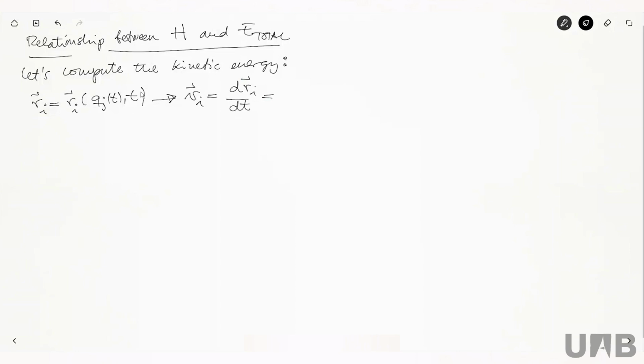And given this dependence, this is the sum from j equals 1 up to n of the derivative of each position vector with respect to q_j times q dot j. That's the chain rule. And if there is explicit time dependence, then this is the partial derivative, right?